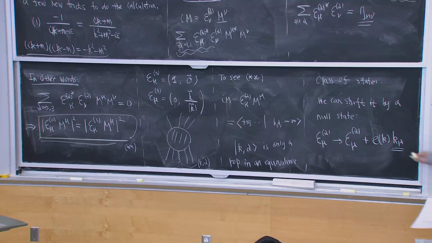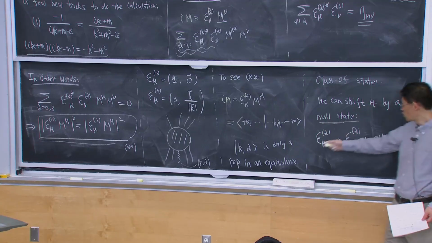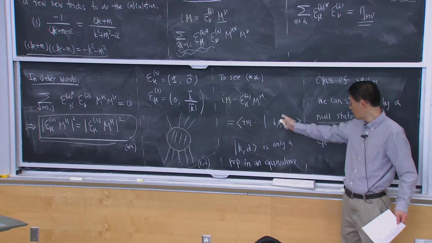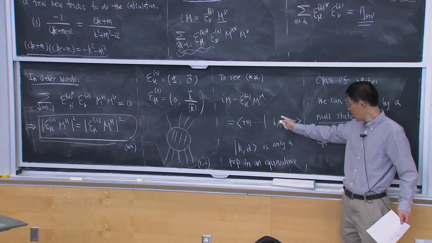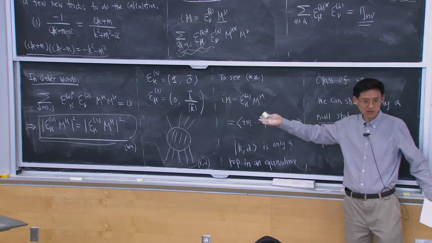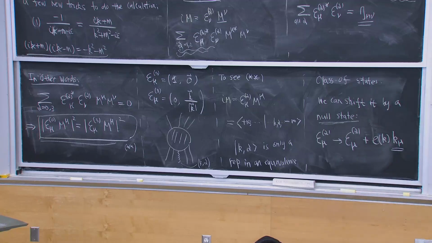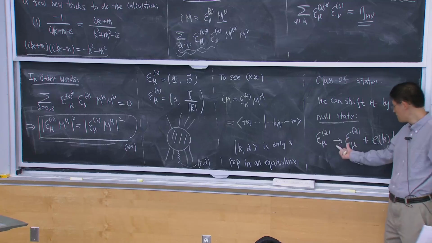And we also discussed that the reason this is an equivalence class is that when you shift by a null state, the overlap between the null state and any state is zero. So the fact that you can shift by a null state means your physics is the same.